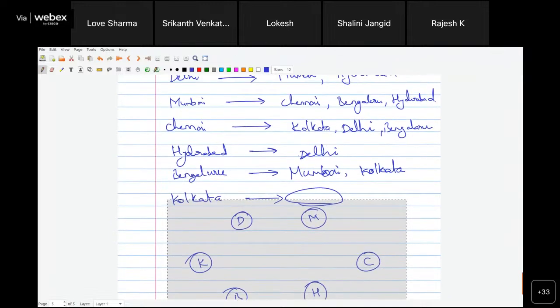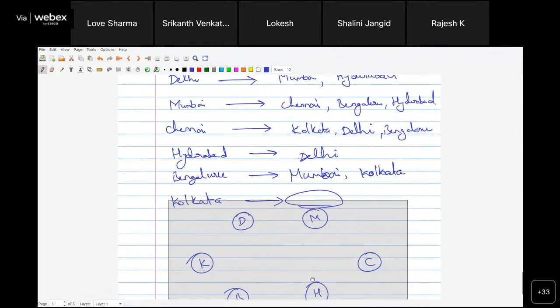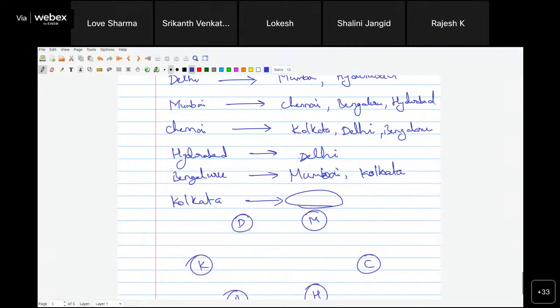From Delhi we have direct flights to Mumbai and to Hyderabad, and from Mumbai we have direct flights to Chennai, Bangalore and Hyderabad. From Chennai we have direct flights to Kolkata, to Delhi and to Bangalore.